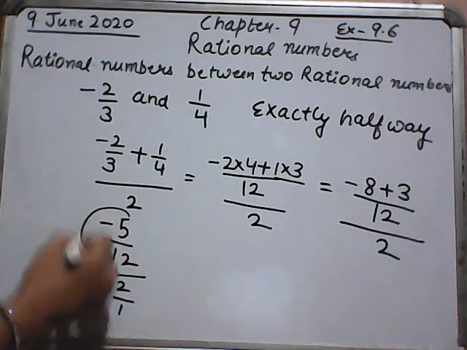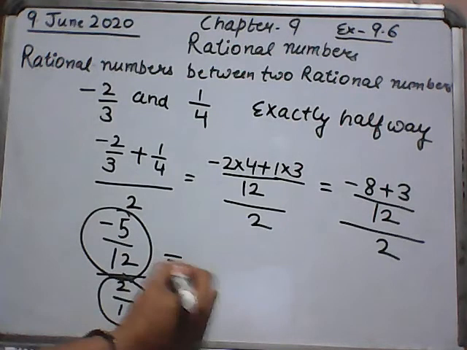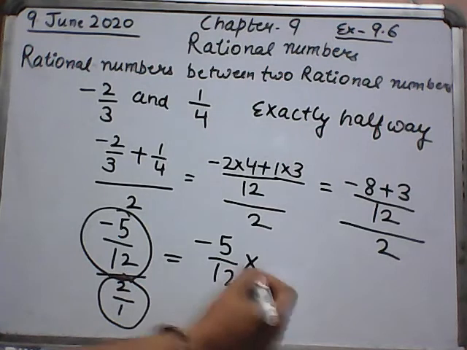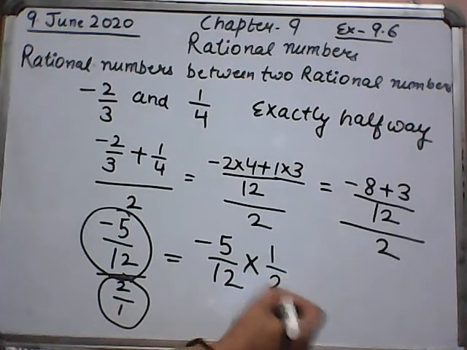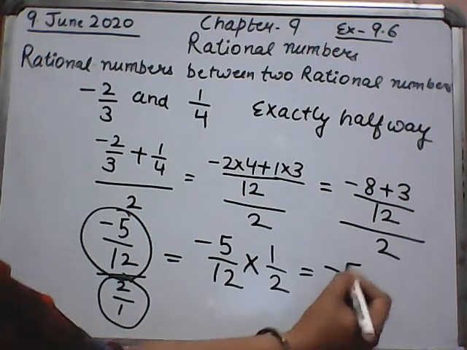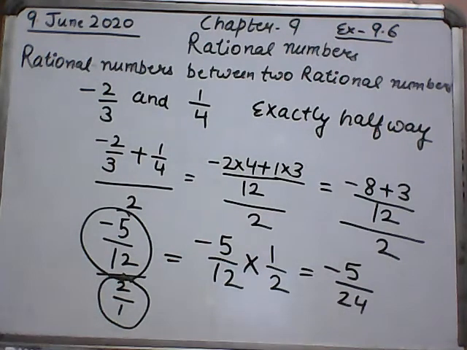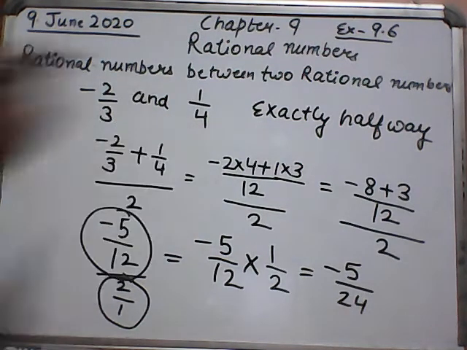Now this rational number divided by this rational number can be solved. Minus 5 by 12 multiplied by reciprocal of the second rational number, 1 by 2. In this way we will get minus 5 by 24. Now minus 5 by 24 is a rational number that lies exactly in between the two rational numbers.